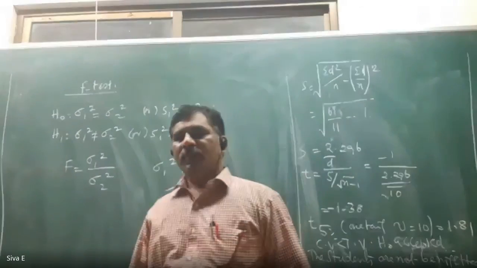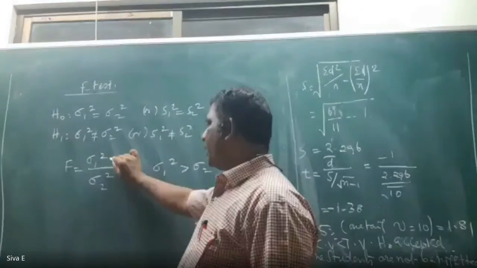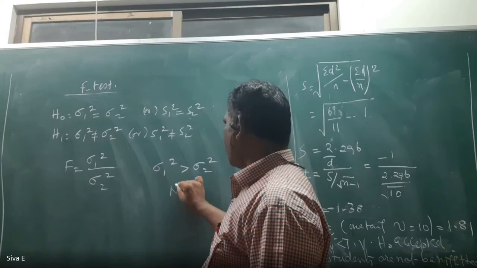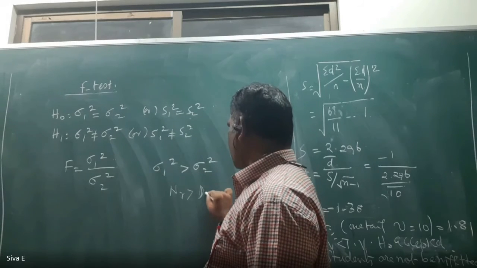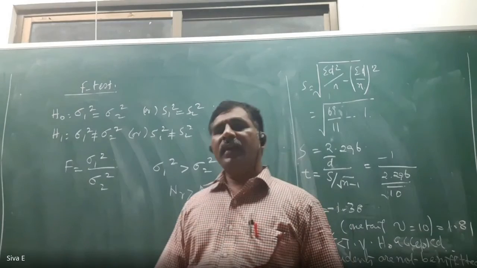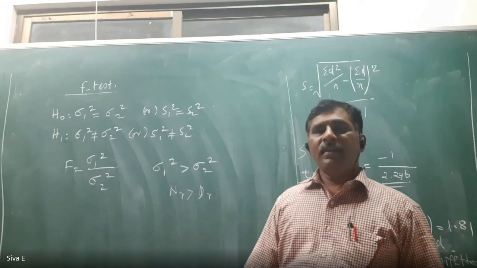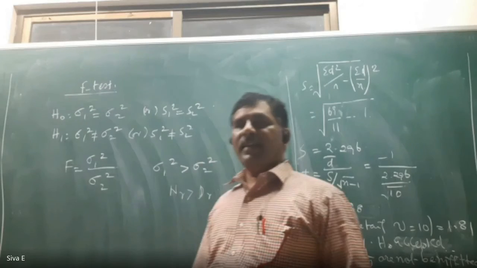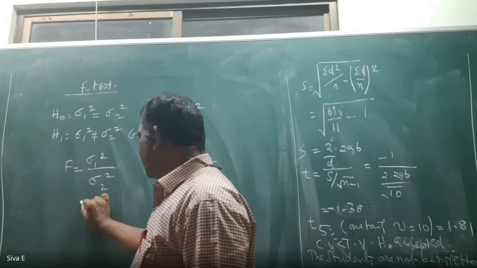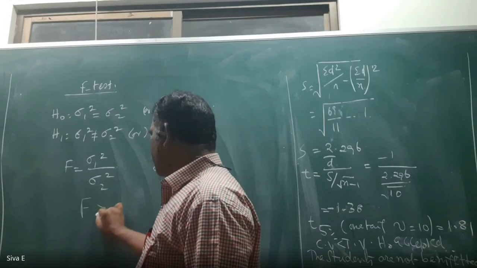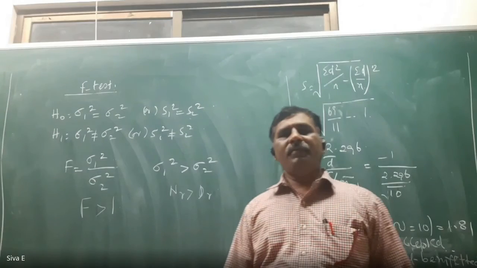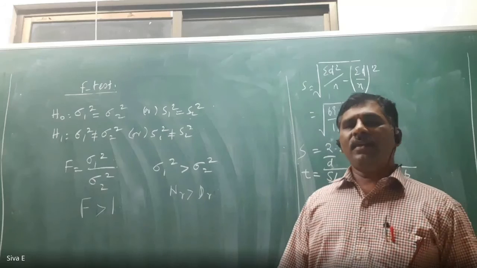So here the numerator is always greater than the denominator. So when the numerator is always greater than the denominator, you can write that F is always greater than 1.